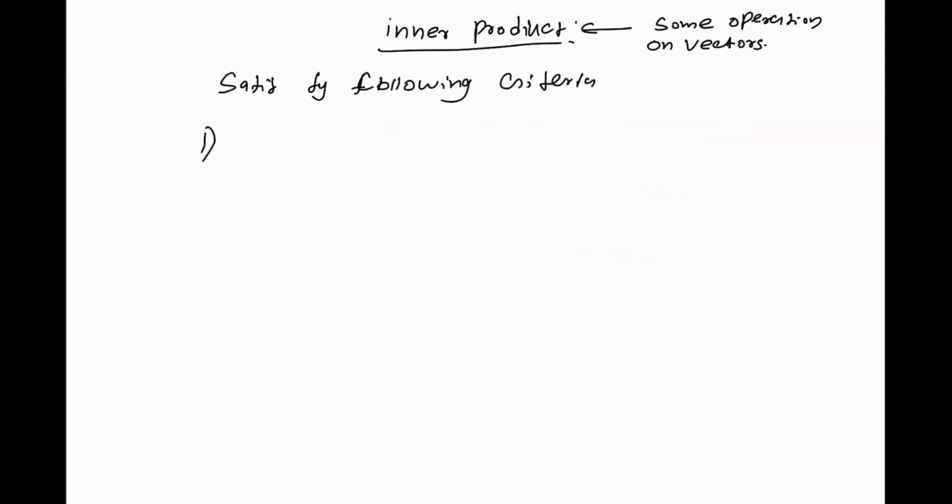Let's say A and B are two vectors, and this satisfies this property. We typically denote the inner product something like this. The inner product is a real number. Otherwise, if it is over some other field, it could be complex, but in your module also, it is a real number.